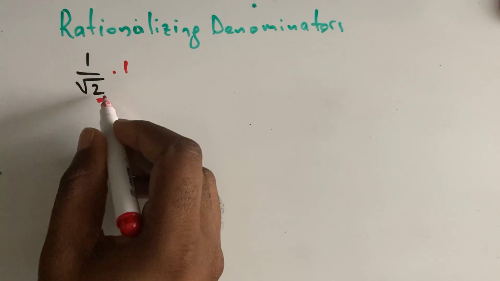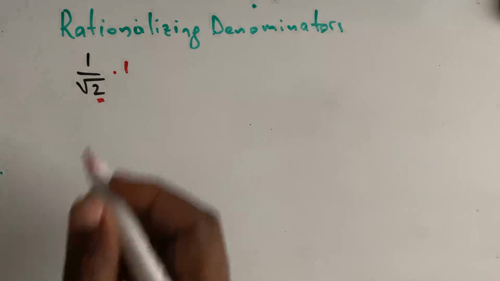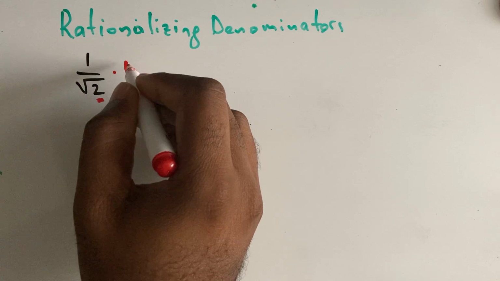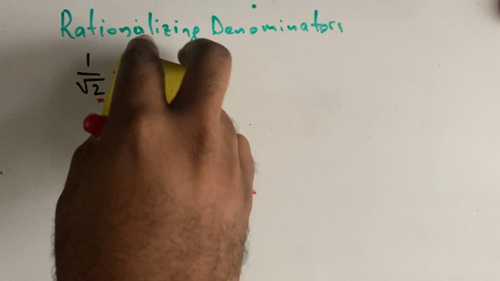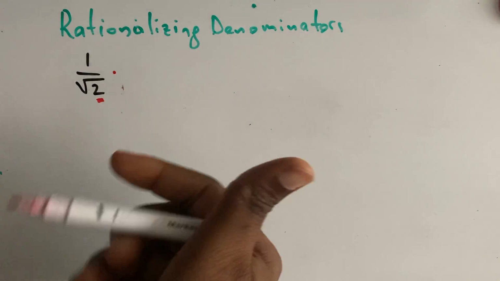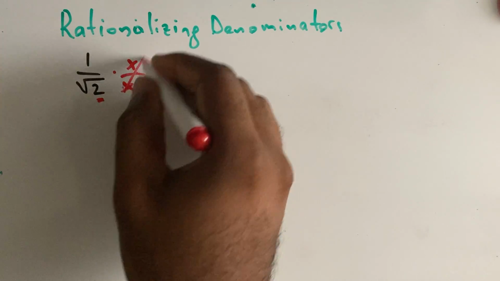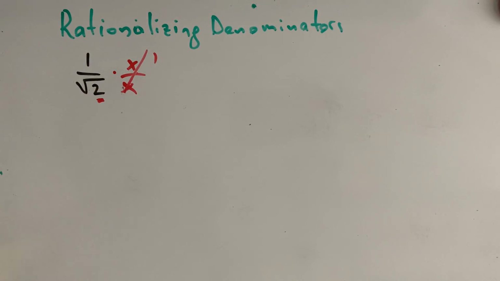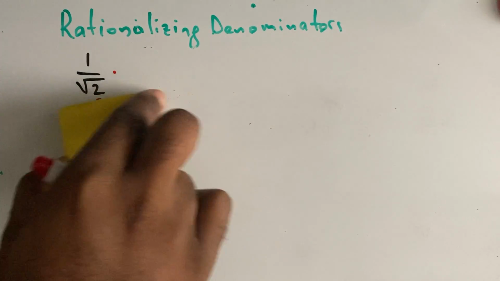I just need to change 2 to make sure it's a perfect square, right? And once I have a perfect square, then I can remove the radical because it's the square root of that perfect square, right? So instead of having 1, I may have a number divided by itself, like x divided by x. In this case, this would still be 1, so it wouldn't change the value.